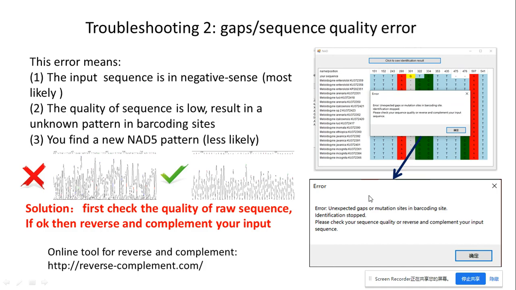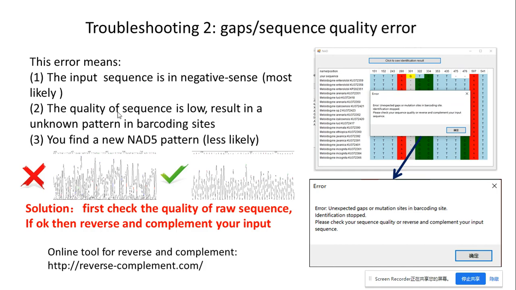Okay. Sometimes we also encounter a problem like this: unexpected gaps or mutation sites in the barcoding sites. It usually means your sequence quality is not good.